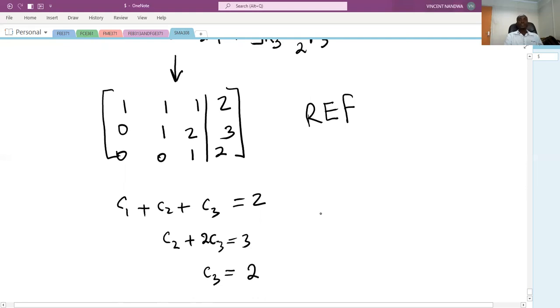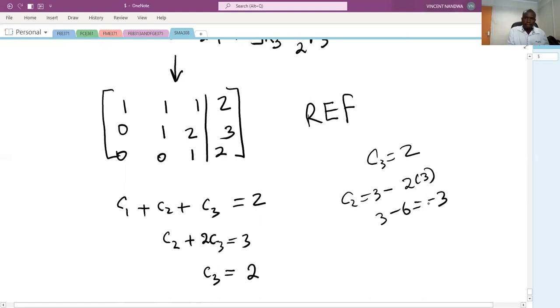So by back substitution, C3 is 2. And then if I replace by 2 here, I have C2 will be 3 minus 2 times 2. So 3 minus 4, which is minus 1.